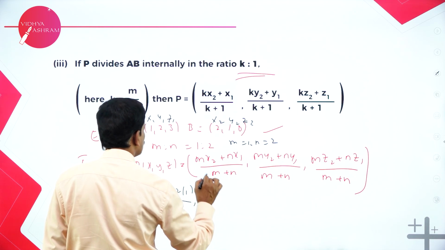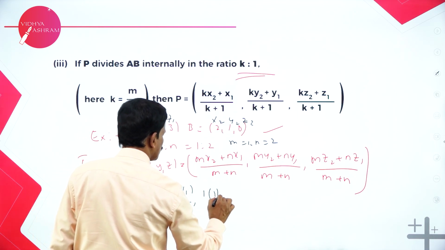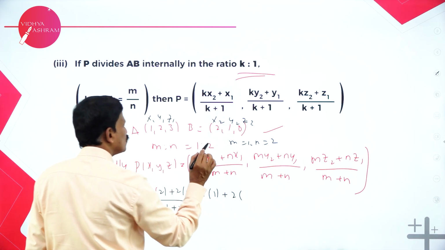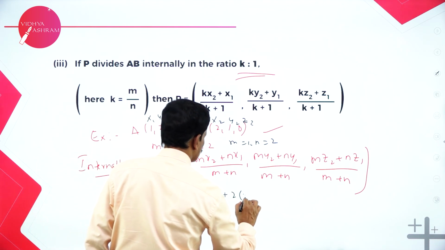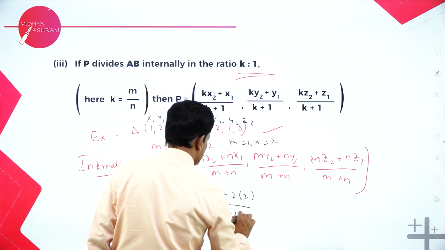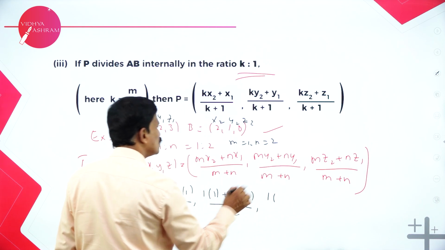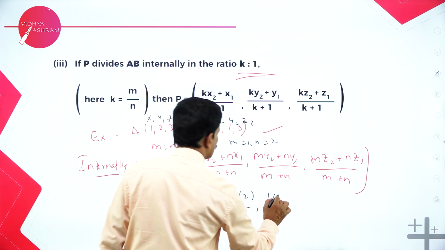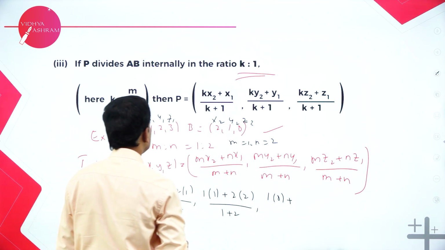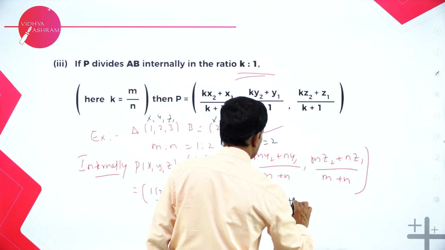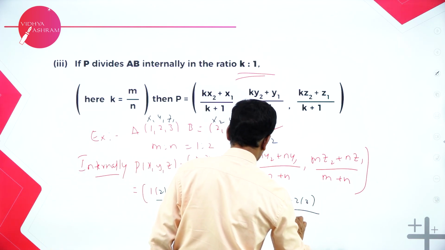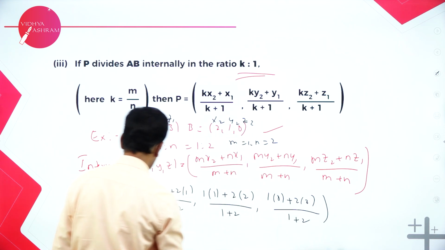Similarly, m is 1 into y2, y2 is 1, plus n is 2 into y1, y1 is 2, divided by 1 plus 2, and m is 1 into z2, z2 is 0, plus n is 2 into z1, z1 is 3, divided by 1 plus 2.